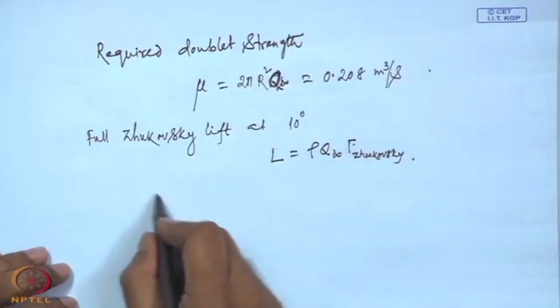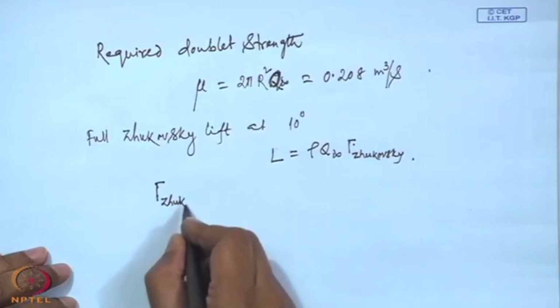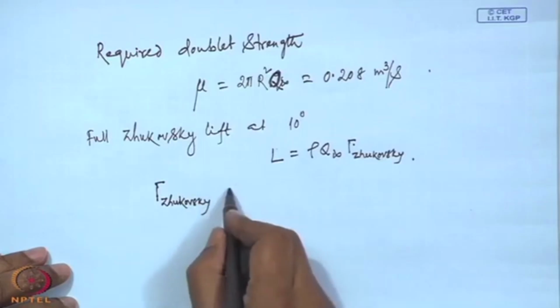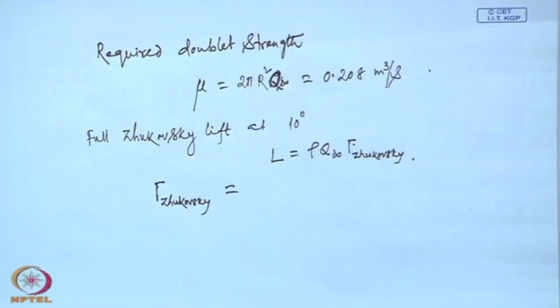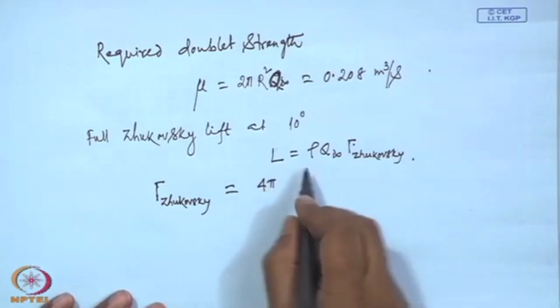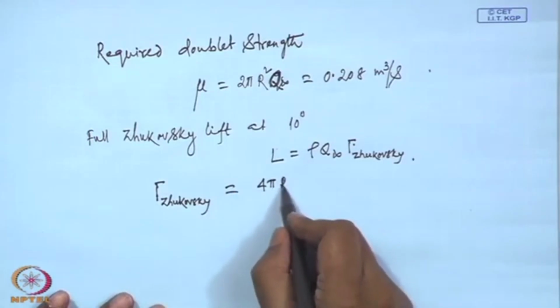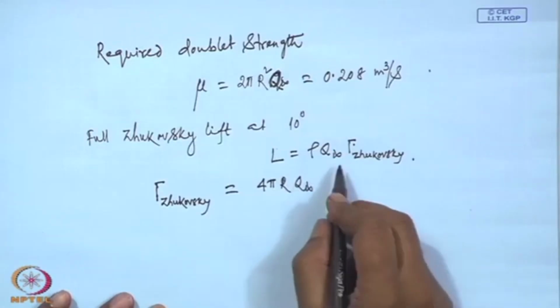Now, how much is the full Joukowski lift at 10 degree? This is what is given by the Kutta condition. How much is that? 4 pi r q infinity sin alpha plus beta.